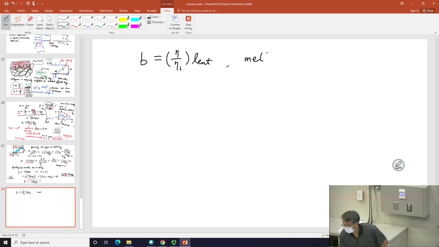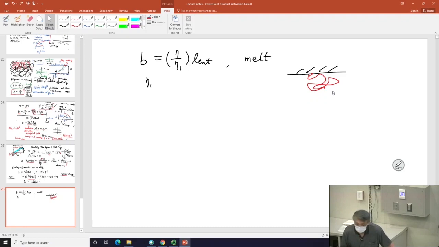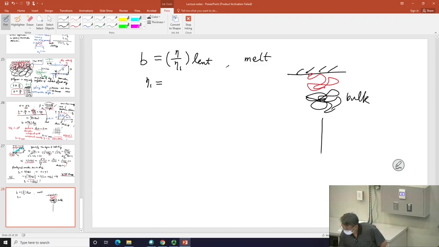In this limit, this eta1, which is this region where polymer chains are no longer entangled with the chains in the bulk, in that limit, this eta1 can be estimated.